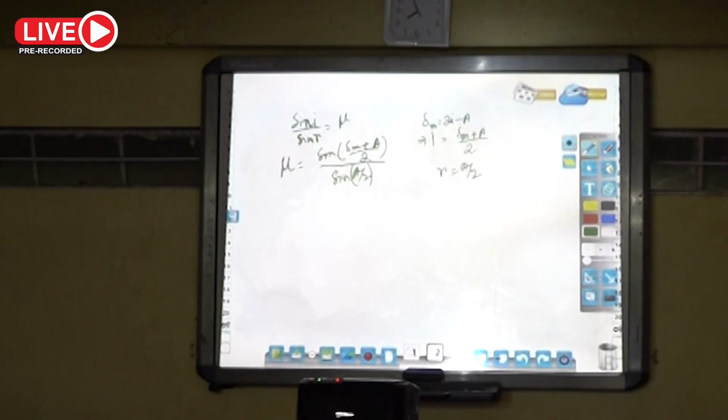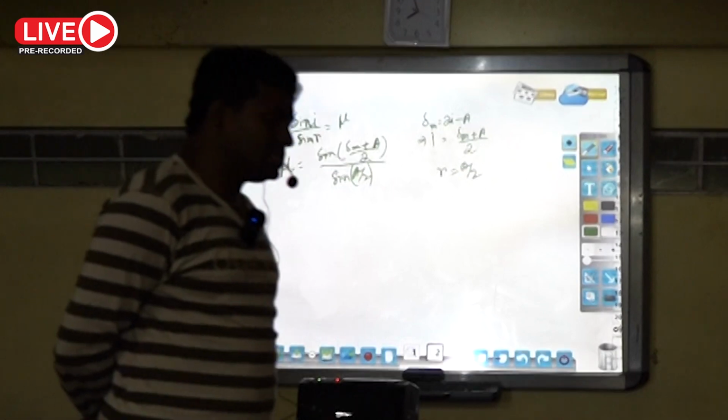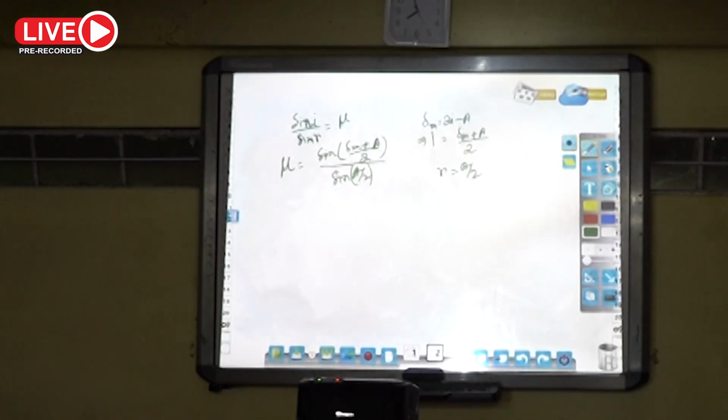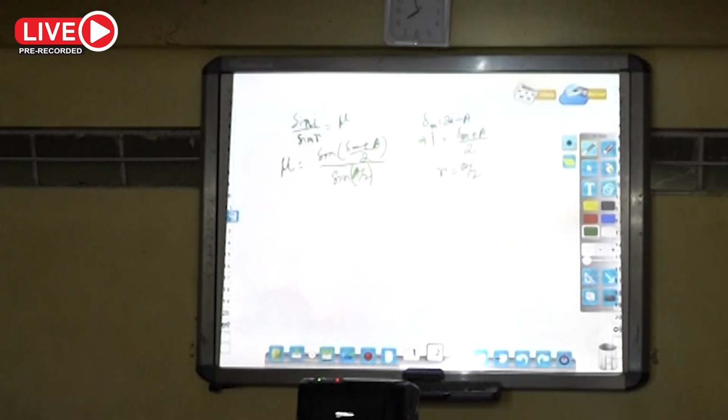If the refractive index of the material of the prism is √3, you have to find the value of capital A. And delta M is equal to capital A. It is given that angle of minimum deviation is equal to angle of prism.